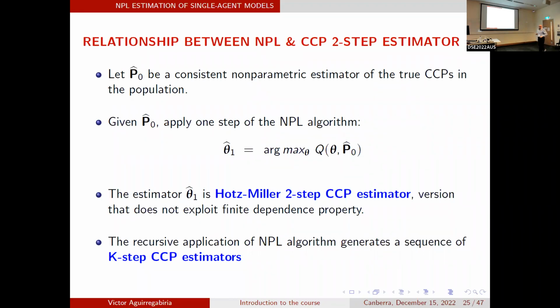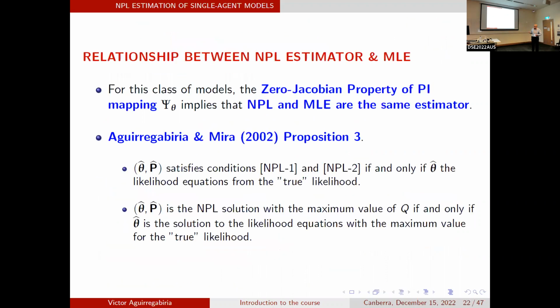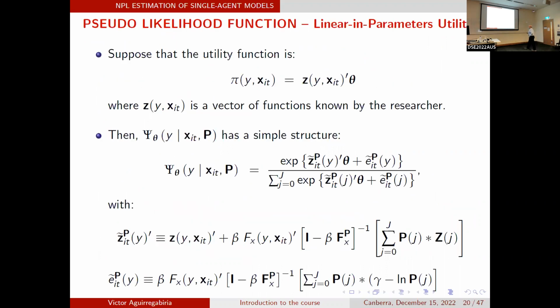For the one that does not exploit the finite dependence property, we can have a GMM version and a likelihood version. Here I'm presenting the likelihood version. The two-step estimator without finite dependence property and with a likelihood version is basically estimating P, obtaining non-parametric estimates of the vector of choice probabilities, plugging them in here, calculating these Z tildes and E tildes, and then maximizing the likelihood with respect to theta.